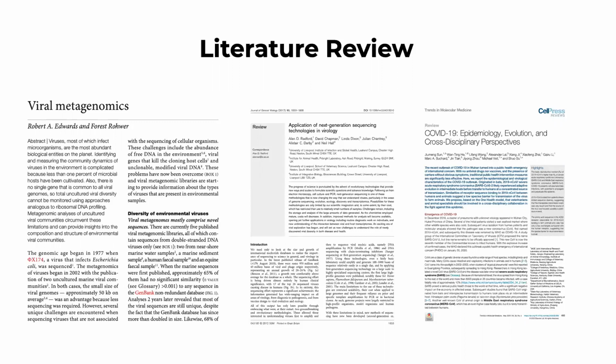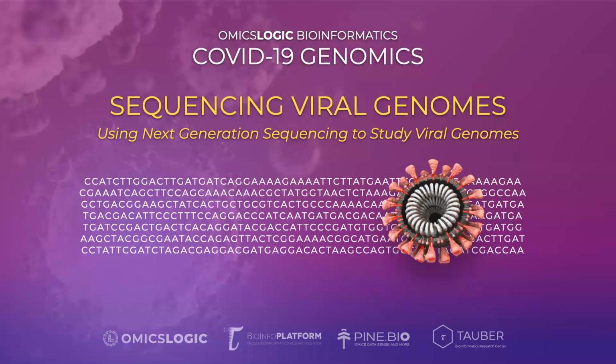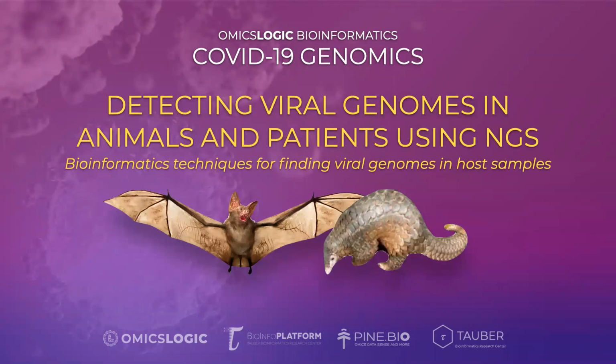But what's important is to be able to also read through these review papers and projects and understand the research findings in the context of data and methods that they have used. Okay, so I'm just going to briefly review the sessions that we had. We talked about sequencing of viral genomes. We also talked about finding those sequences in different hosts and what that can mean in terms of the differences in those sequences.